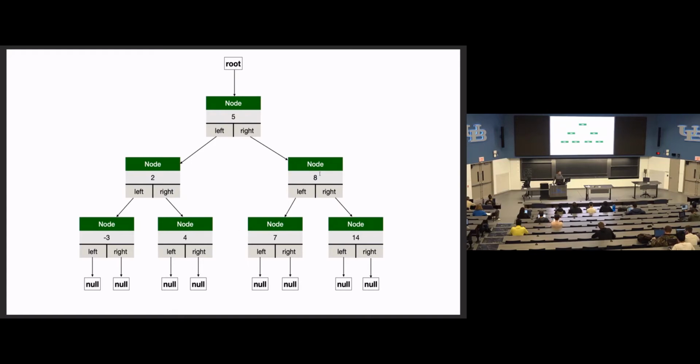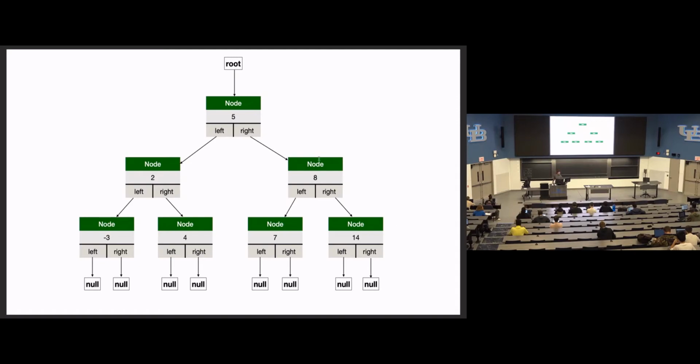The 8's left child is 7 with no children. Its right child is 14 with no children. So this is all the vocab that we can say. We can say this node here is the parent node to this node containing the value 14. That's all the terminology of the structure of a tree.